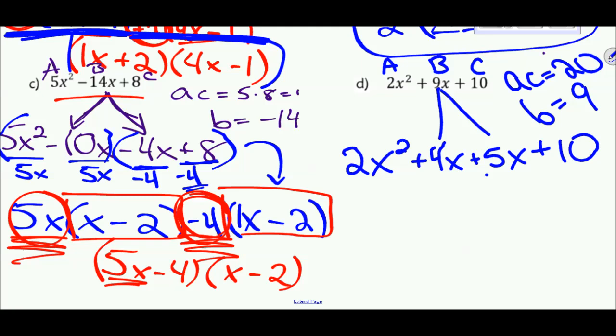What's my next step? Ryan, what's my next step? That's the splitting step. What do I have to do after that?